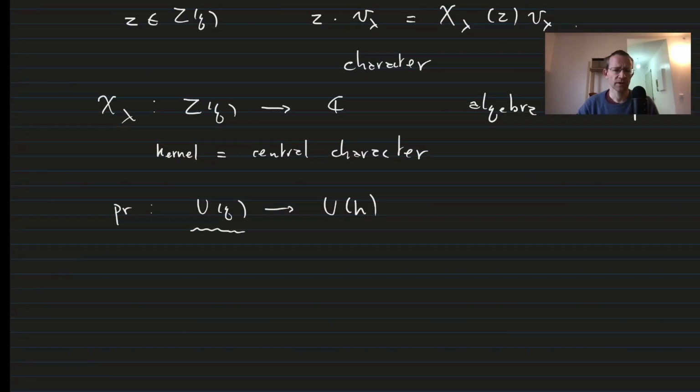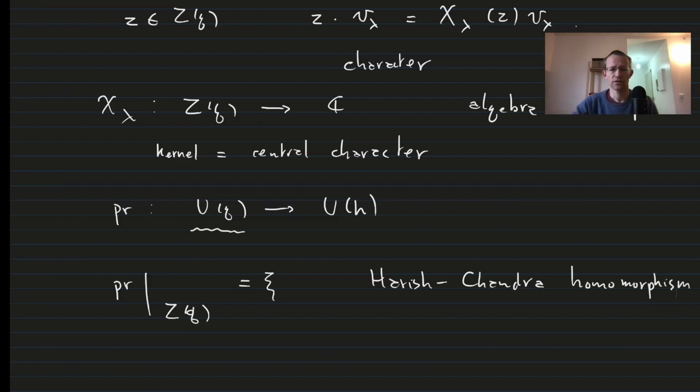And if we restrict the projection map to the center of the universal enveloping algebra, this is called psi, and it's called the Harish-Chandra homomorphism.